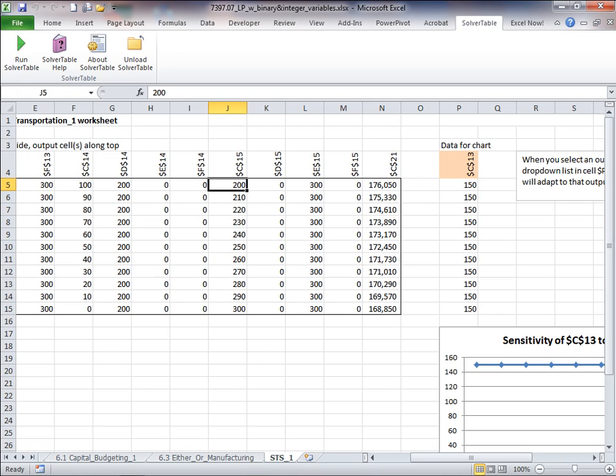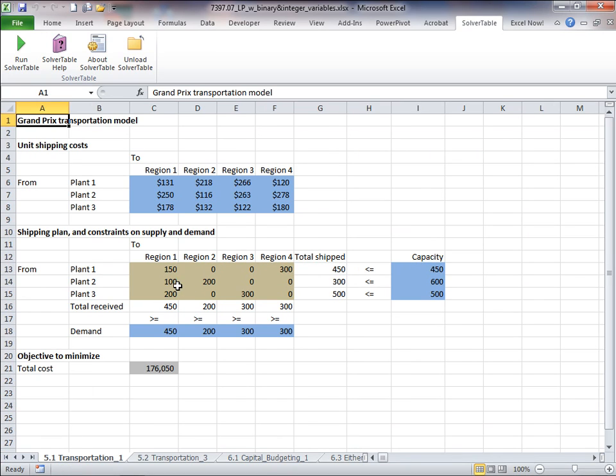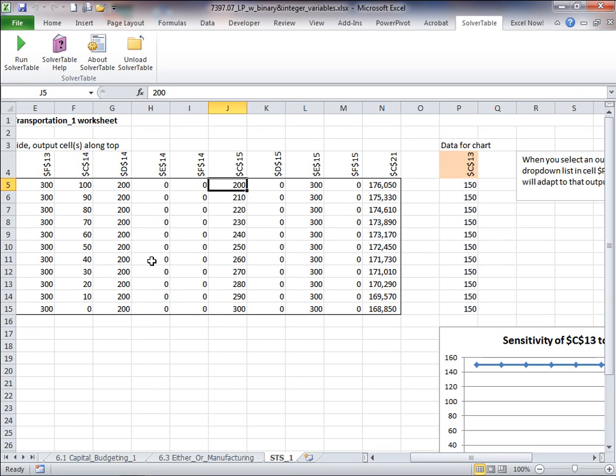C15. And C15 is plant 3. So yeah, C15 and C14. C14 is dropping by 10, and C15 is increasing by 10 every time.